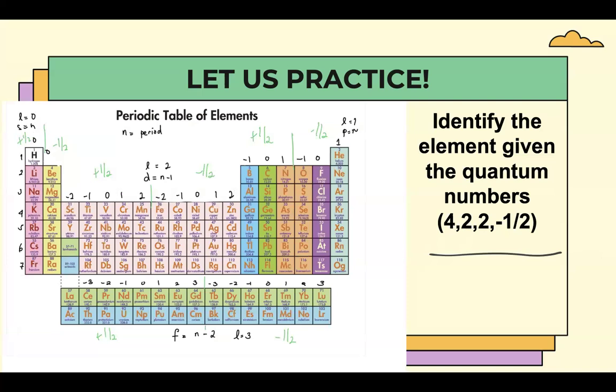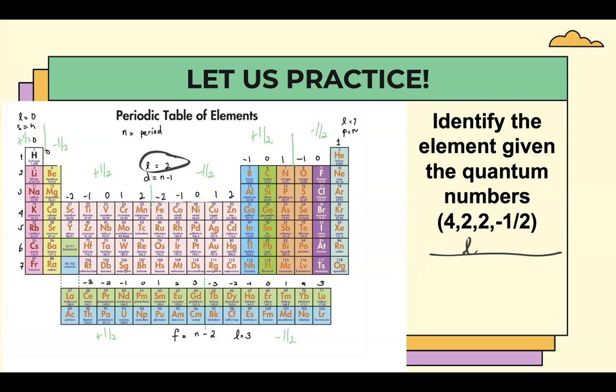So again, first step is to identify the letter L because that's where we can identify the block. So if it's 2, it's on S, P, D, or F. So it's on the D block if it's 2, right there. So all the possibilities are just here on the D block. Next, afterwards, is to identify the row.